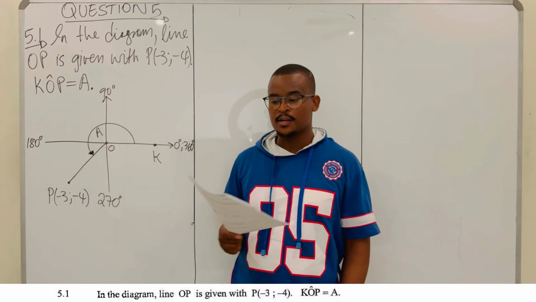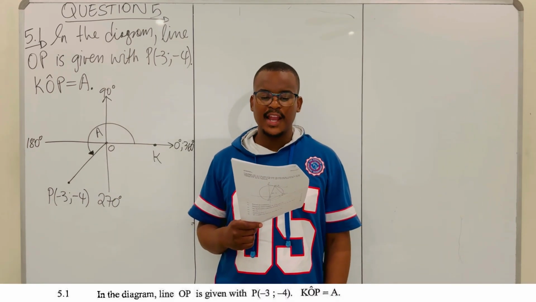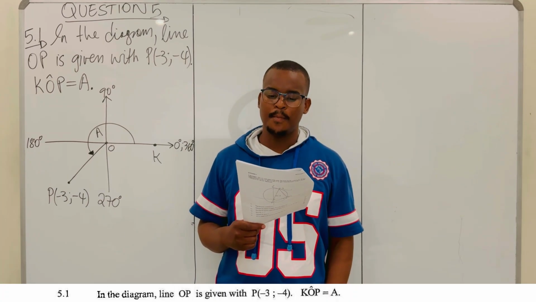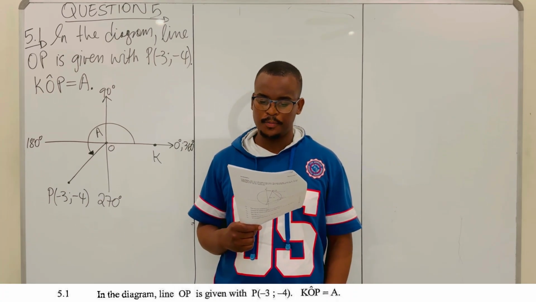So let's start with the question. They are saying in the diagram, line OP is given with P having coordinates (-3; -4).